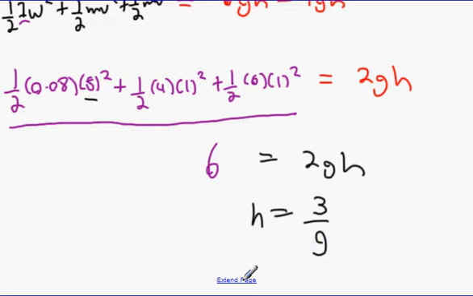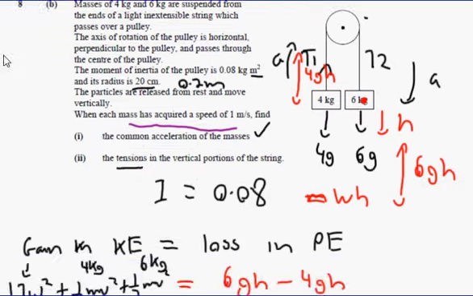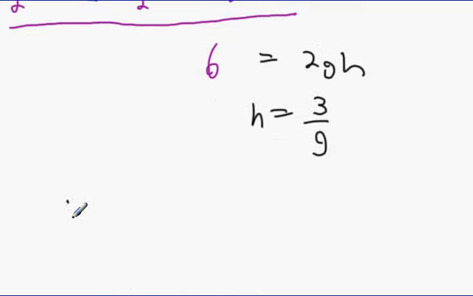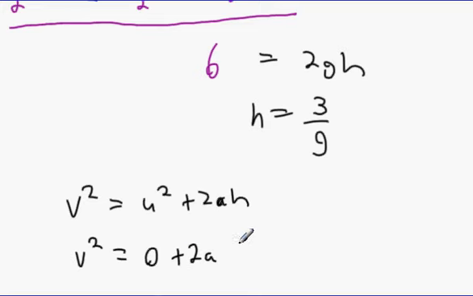Now, next part. Common acceleration. We still have to find out the acceleration. We're going to use v squared equals u squared plus 2as, or, technically speaking, 2ah. How far we dropped. Now, velocity squared equals 0 plus 2 times the acceleration times the drop, which is 3 over g.